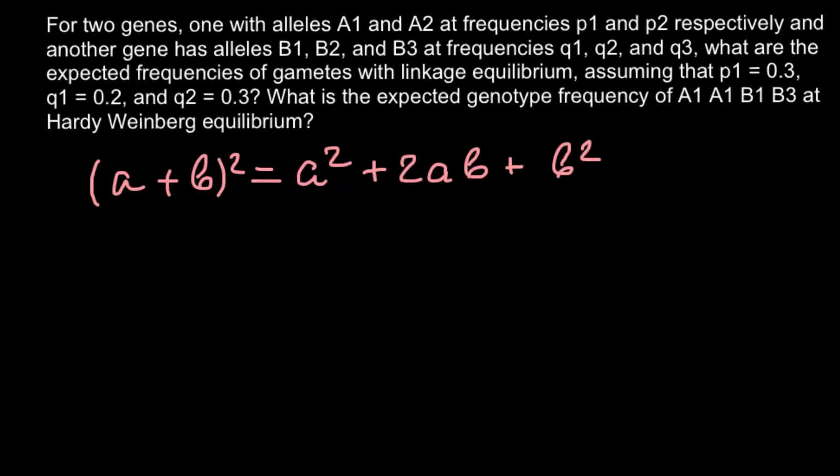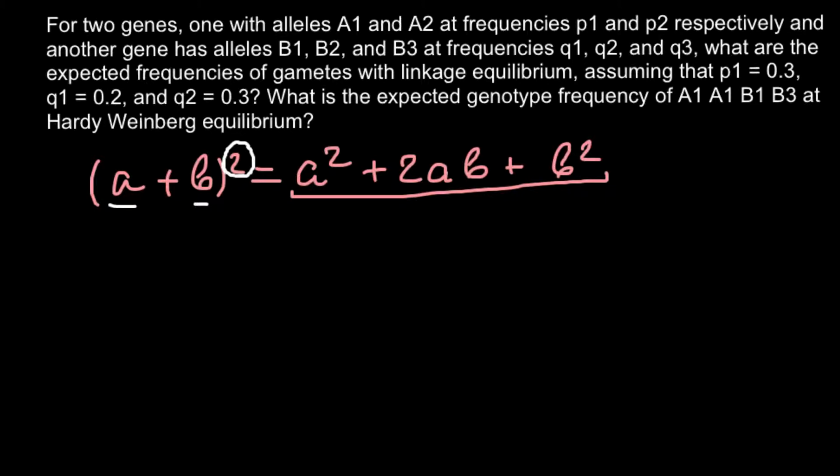And this part we call Hardy-Weinberg equilibrium when we have two alleles, allele A and B, and a diploid organism. So squared here stands for the diploid organism. If we had triploid or tetraploid, we would put 3 or 4 here respectively.